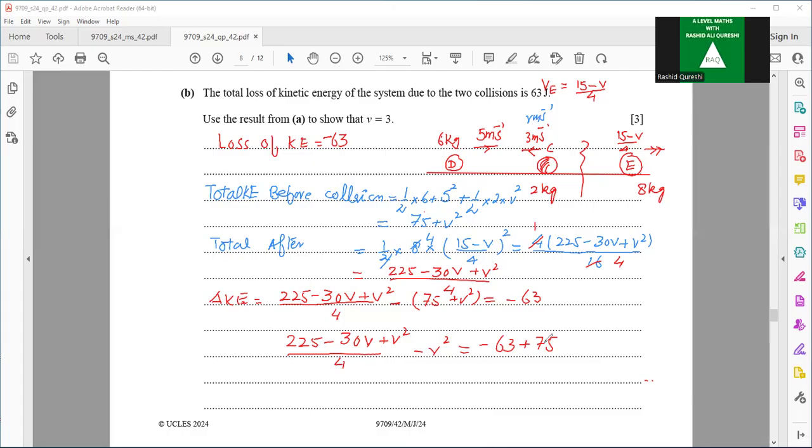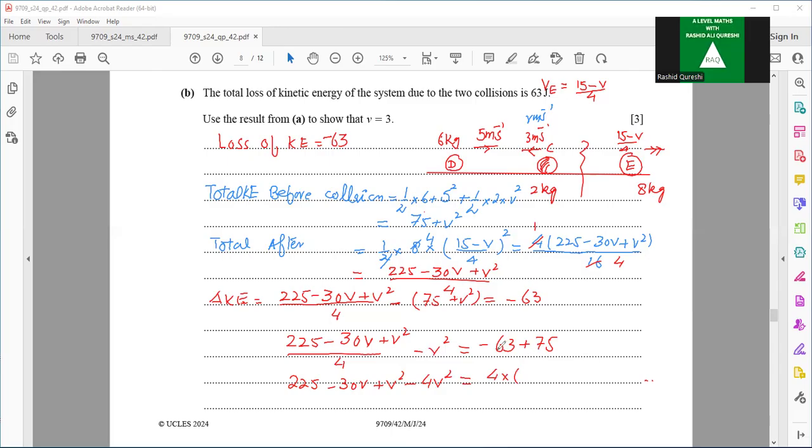So over here, after simplifying, what will you get? 225 minus 30V plus V square minus 4V square, and you have to multiply by 4 multiplied by this quantity.